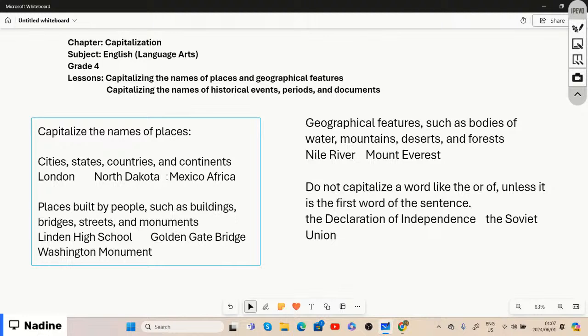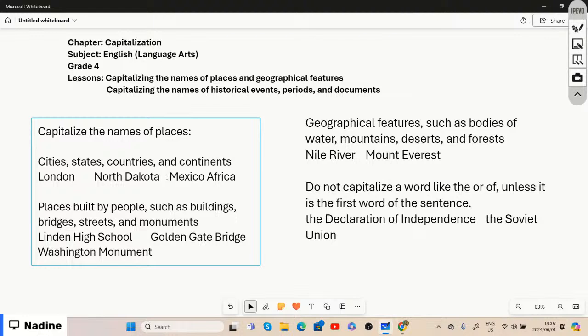All right. So when it comes to capitalization, we need to capitalize the names of places because we've already in our previous lesson capitalized names of people, names of pets, days of the week, months of the year, because those are also important, right?